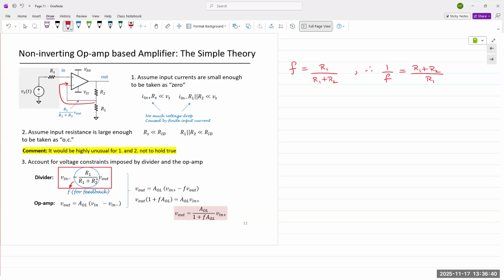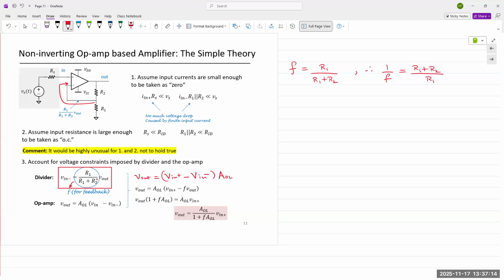Now, what is the property of the op-amp? The property of the op-amp is that it will amplify the differential input voltage. So the differential input voltage is V in plus minus V in minus, multiplied by the open loop gain AOL.